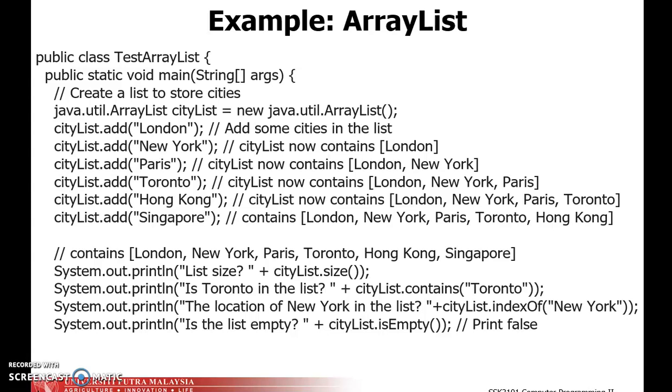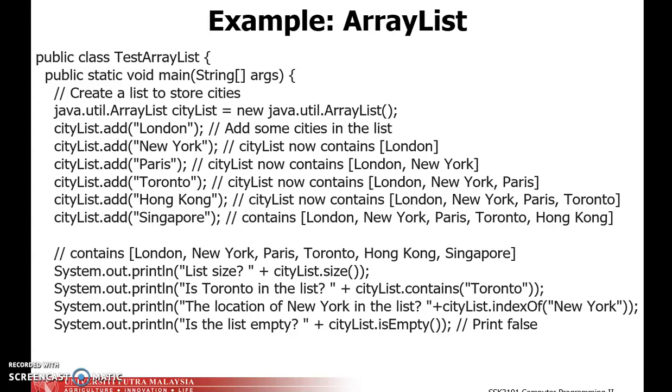As you can see, adding London as the first element, followed by New York, Paris, Toronto, Hong Kong, and Singapore. At the end of this section, we can assume that we have successfully built our array list with several elements added into it, namely London, New York, Paris, Toronto, Hong Kong, and Singapore.